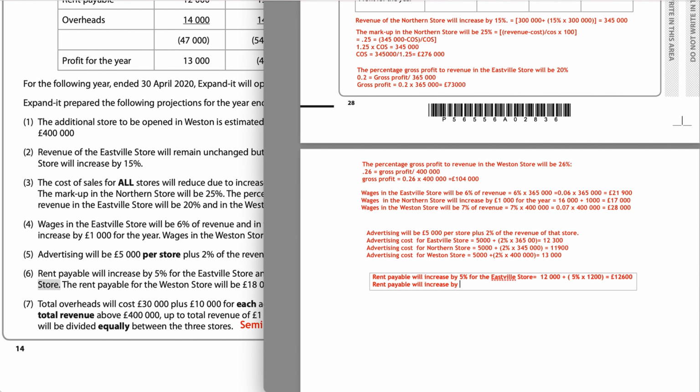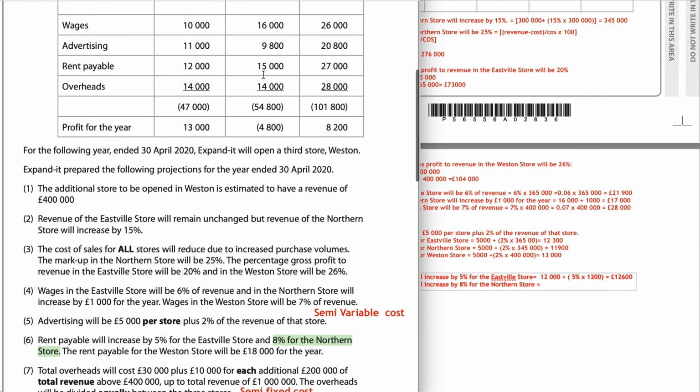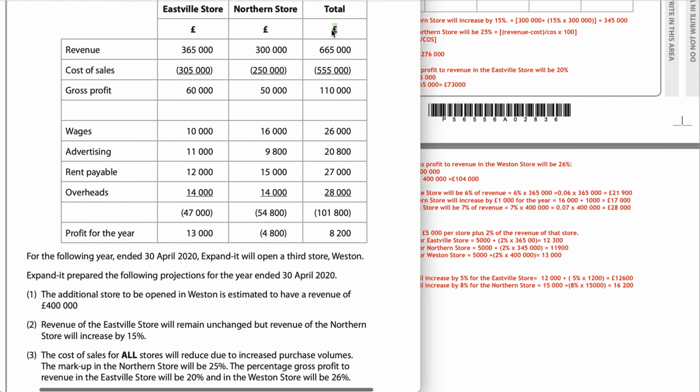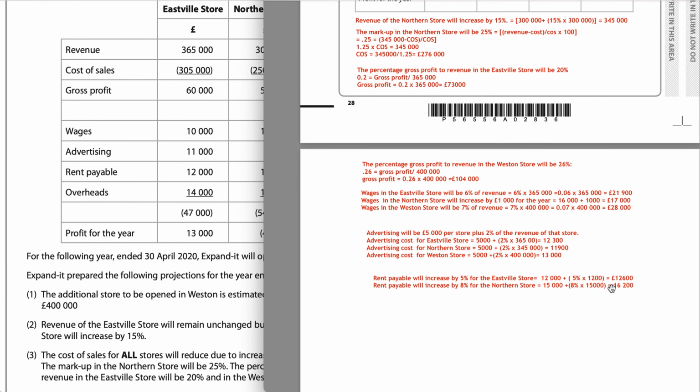The northern store's rent was already 15,000, so that is 15,000 plus 8% of 15,000, which is equal to 16,200 pounds.